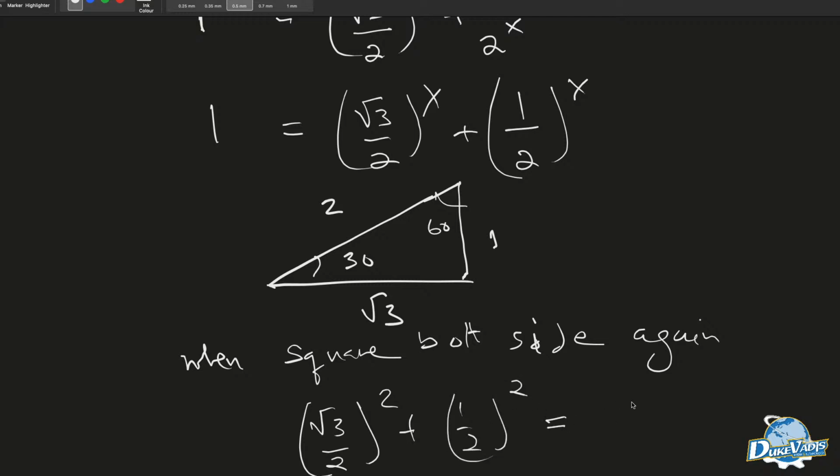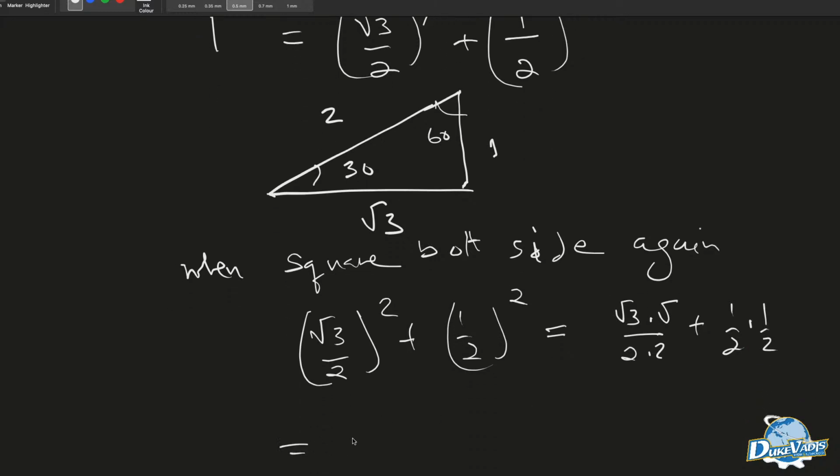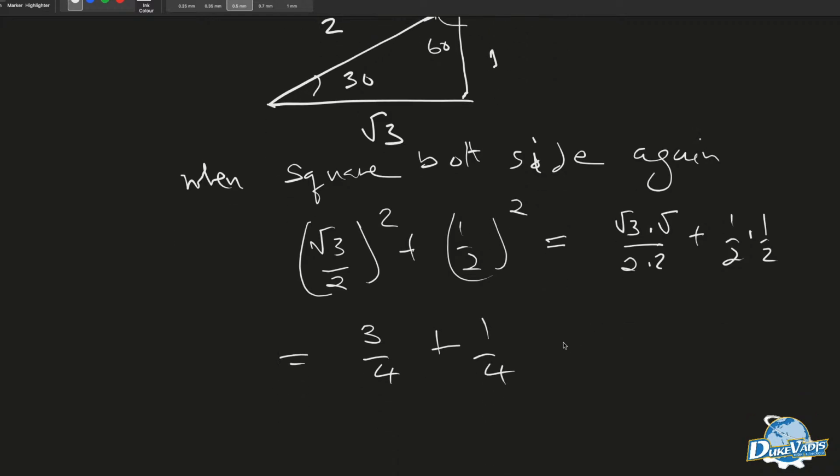We are going to get root 3 times root 3 over 2 times 2, plus half times half. So at the end of the day, we are going to get 3 over 4 plus 1 over 4, which is eventually equal to 1.